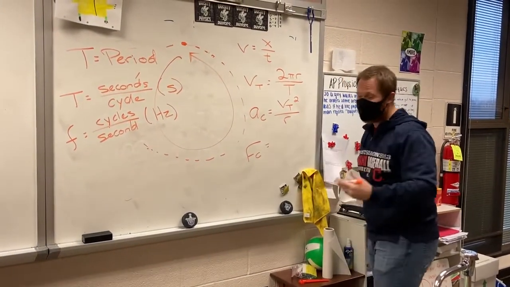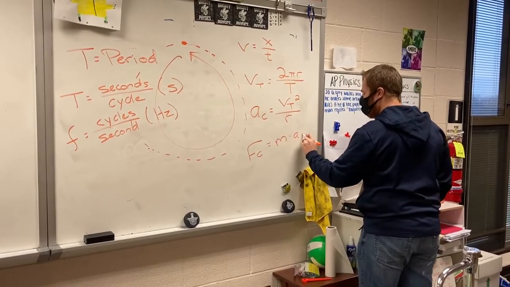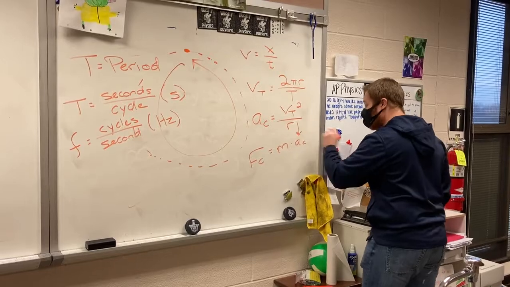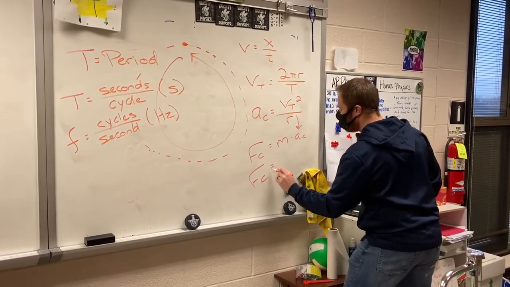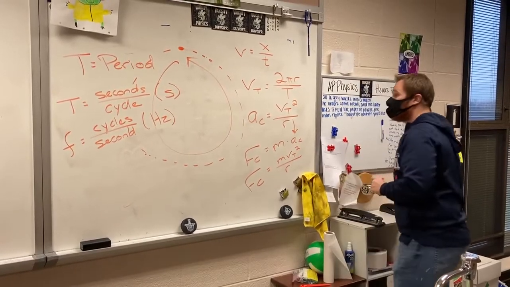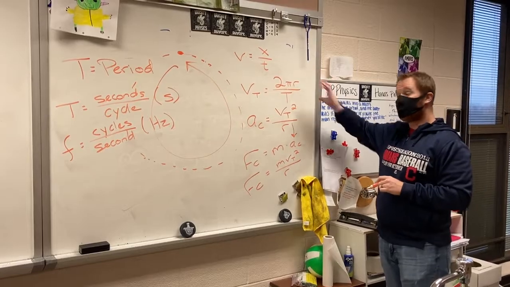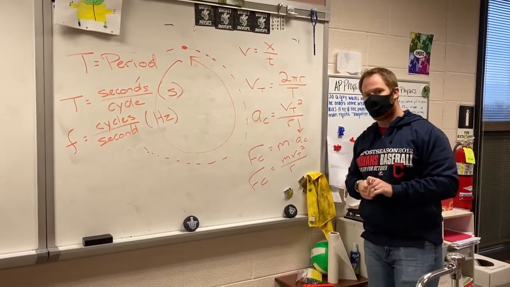Well, guess what? F equals ma, and that's all this is too. We'll commonly write that as m times a_c, or sometimes we'll substitute that v squared over r in there, and we'll say F_c is equal to m v_t squared over r. So those are our new friends: tangential velocity, centripetal acceleration, and also centripetal force.